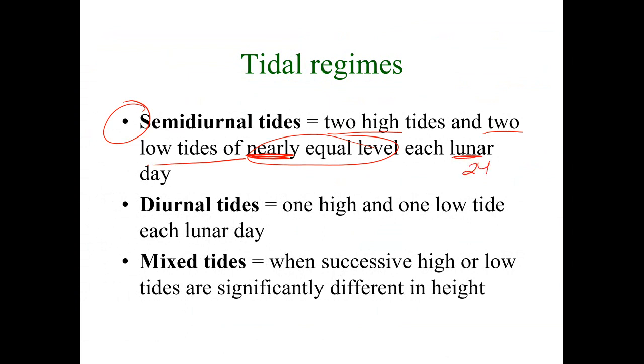Remember, a lunar day is 24 hours and 50 minutes. Diurnal, so instead of partial to moon, we just have one high and one low tide each lunar day. And mixed, successive highs and lows of significantly different heights.